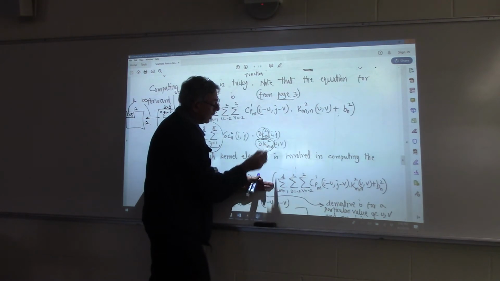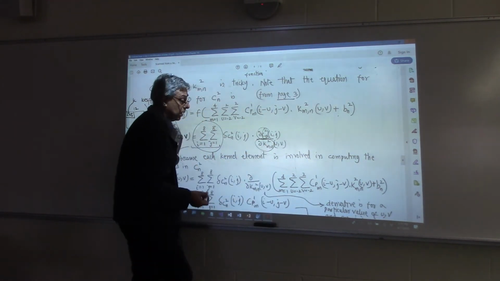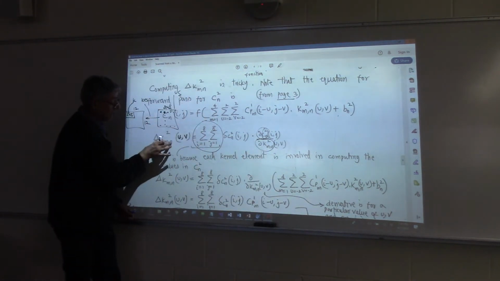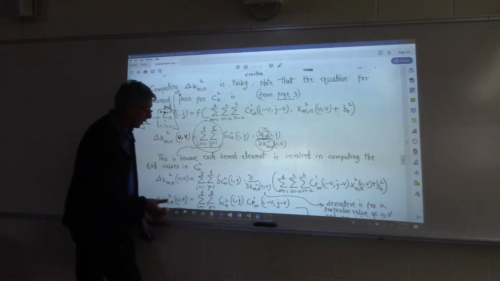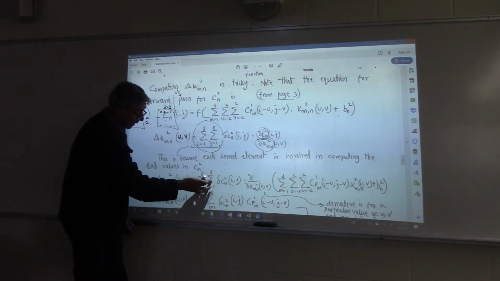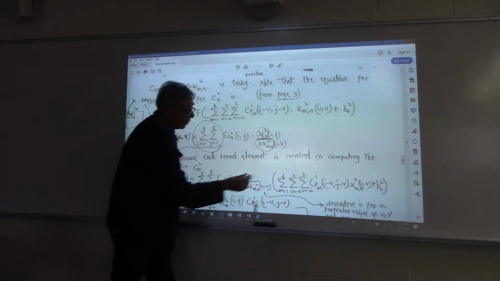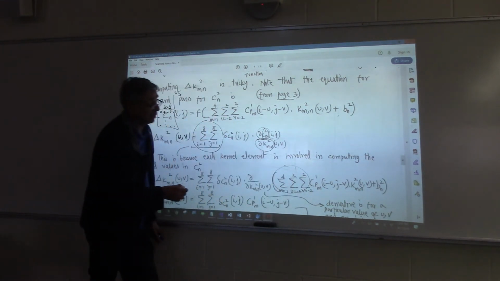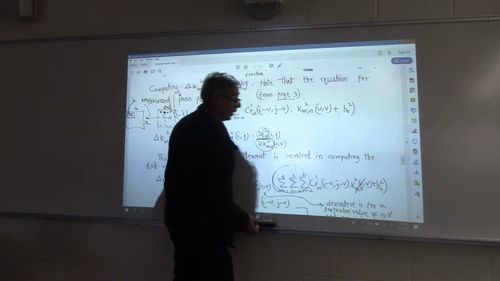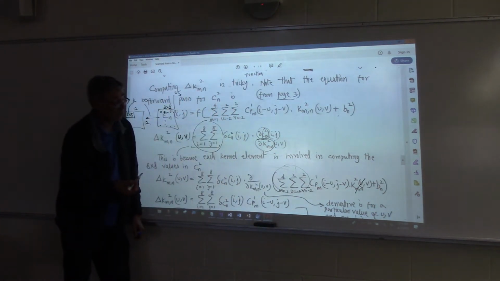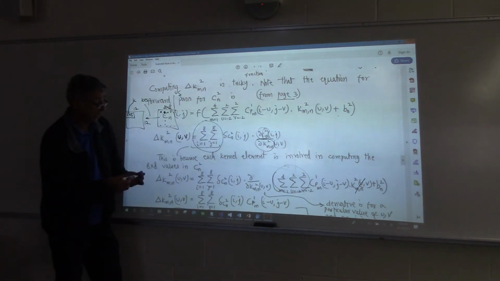Now we are taking the derivative with respect to the kernel, because that's our goal, to compute the gradient with respect to the kernel. This is for one particular value of u and v, and for one particular value of i and j. So all these three summations disappear, because we are taking the derivative. With respect to bias, the partial derivative will be 0.